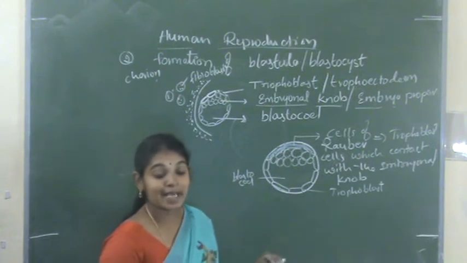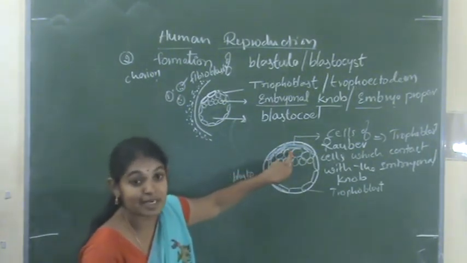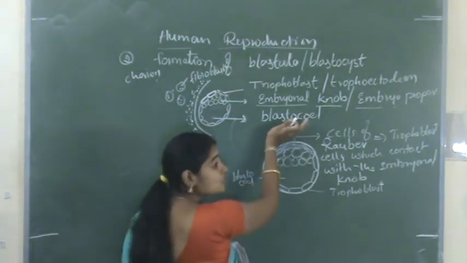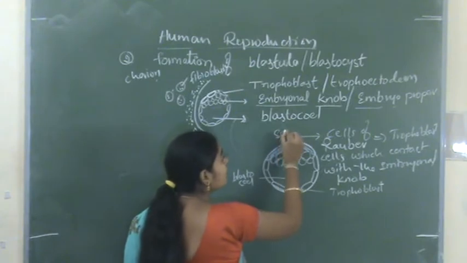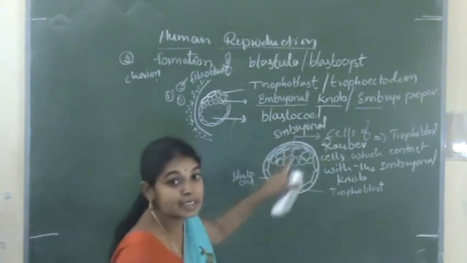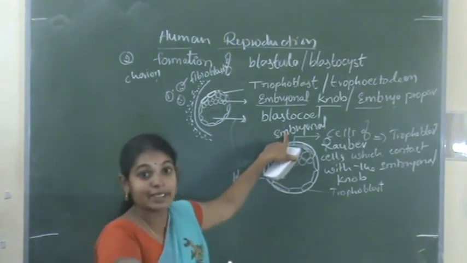And the side where the embryo proper is located is known as the embryonal pole. It is known as the embryonal pole where the embryo proper is present.